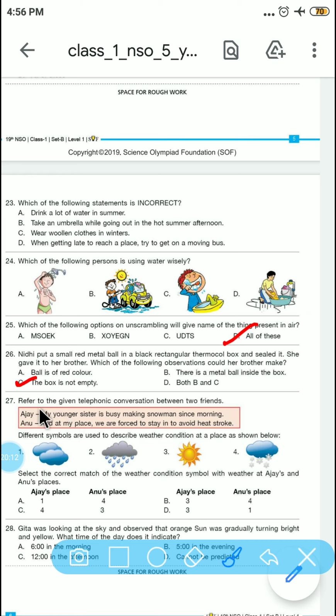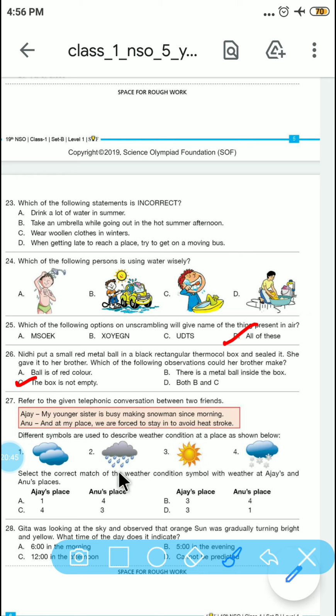Let's go with question number 27. Refer to the given telephonic conversation between two friends. Ajay: my younger sister is busy making a snowman since morning. Anu: and at my place we are forced to stay inside to avoid heat stroke. Different symbols are used to describe weather conditions at the place, shown below.